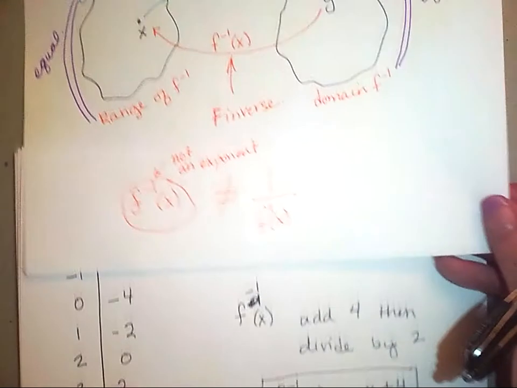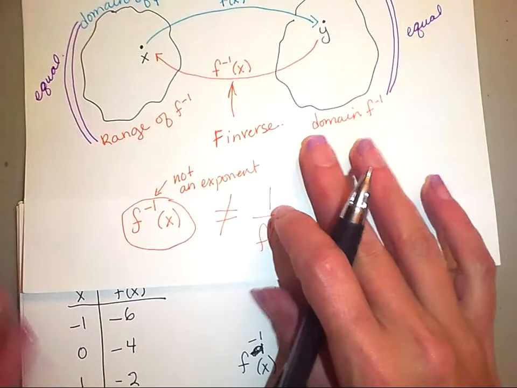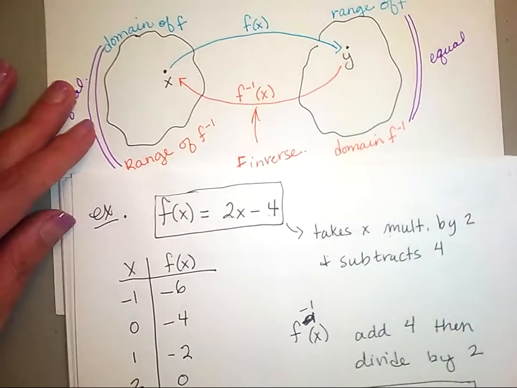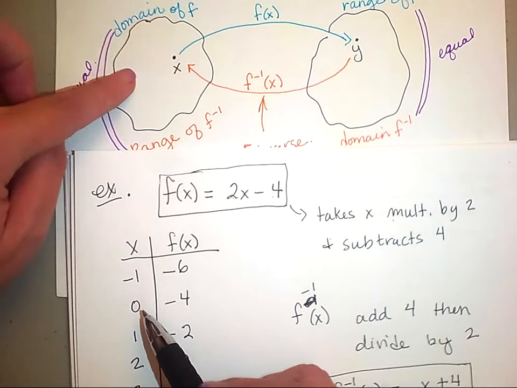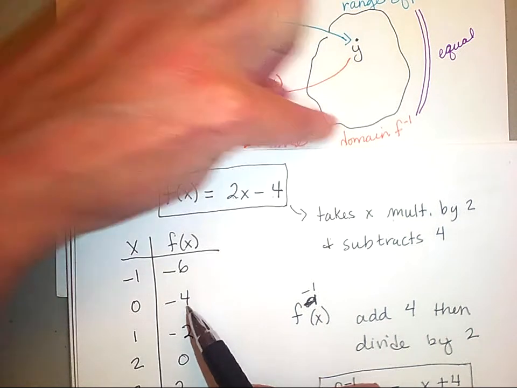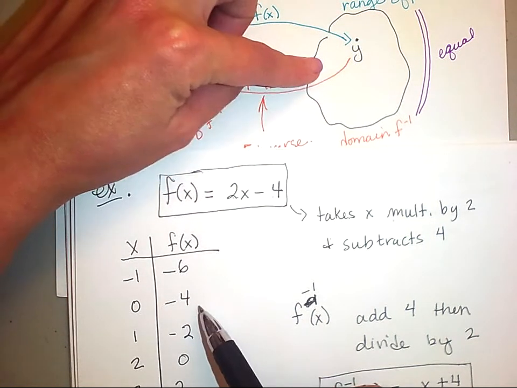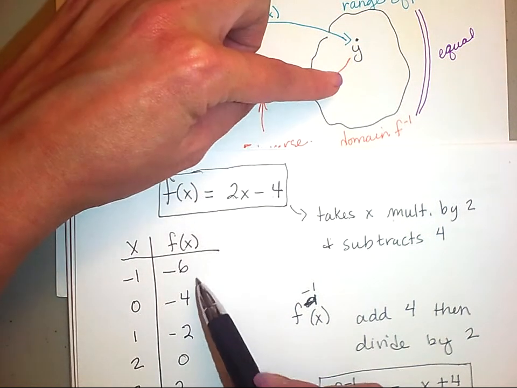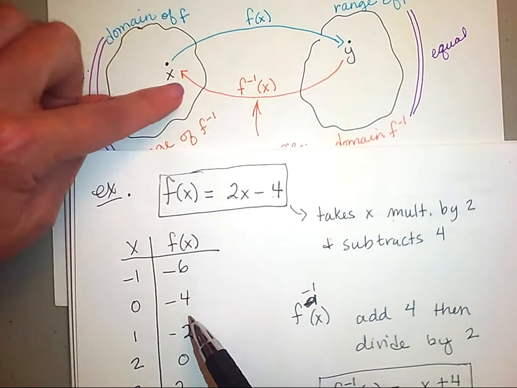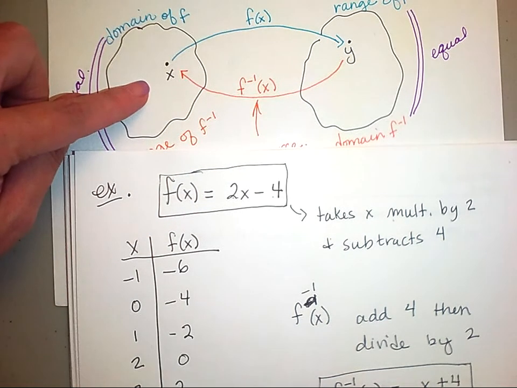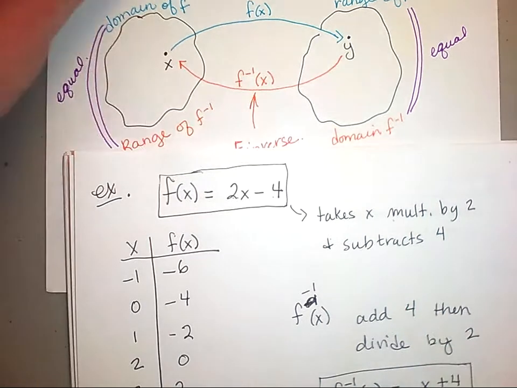So in this diagram, here are x's over in here. They've mapped over here to the range. So if f inverse is to work properly, if we take these y values and put them through the inverse, we should come back with these numbers. Let's see if that happens.